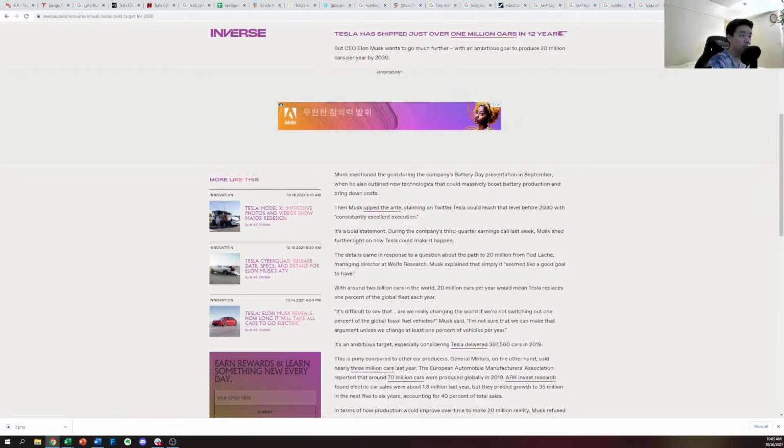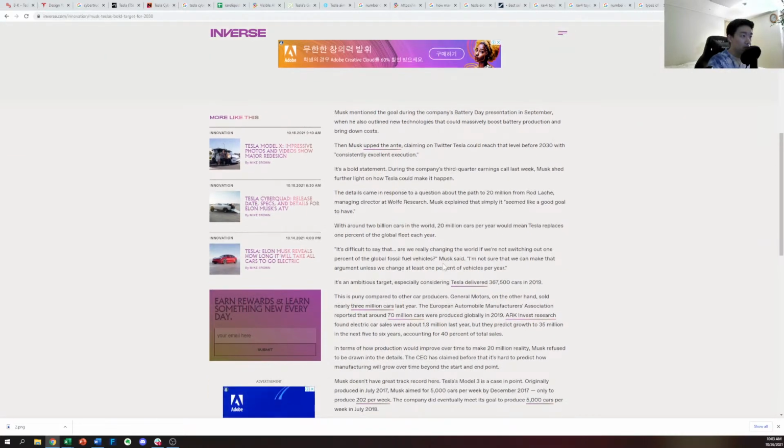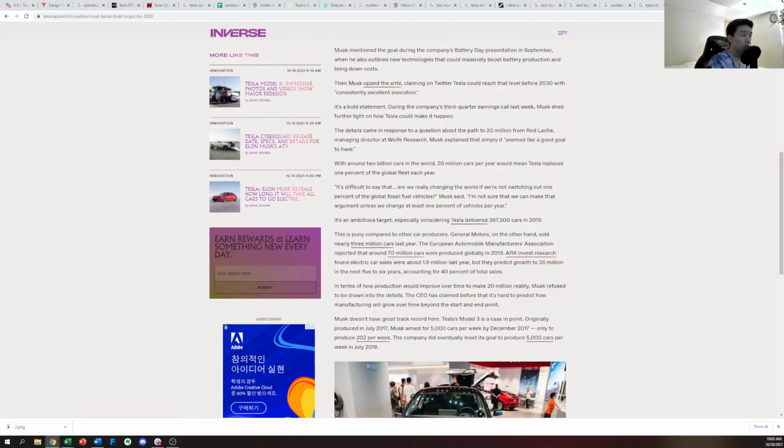Okay, I'm going to spend some time reading this. With around 2 billion cars in the world, 20 million cars per year would mean Tesla replaces 1% of the global fleet each year. It's difficult to say, are we really changing the world for not switching out 1%? Okay, that's fair. I'm not sure that we can make that argument unless we change at least 1%. Okay.